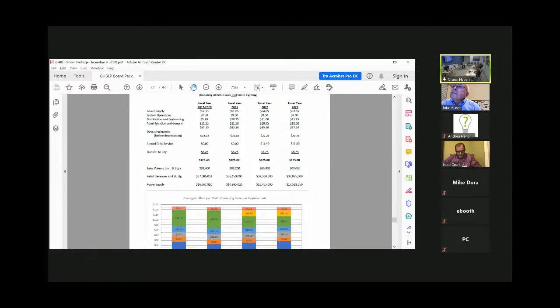What I tried to do here is explain our strategy over the next several years. If you look at our last 5 years, our costs and our revenue requirement have been very, very stable over the last 4 fiscal years. This first column, I've just gone back and pulled these general numbers out of our annual reports.